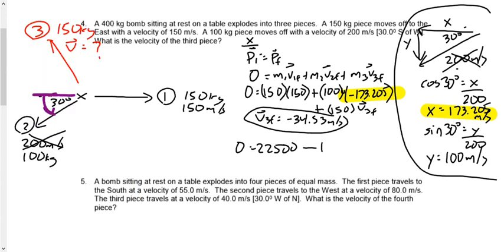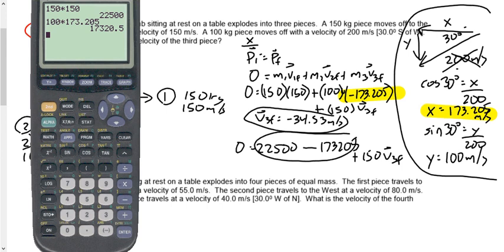Does that make sense? I could add a negative, and that's fine, or I could just make it subtract now. Plus 150 V3F. So now what I'm going to do is combine these by adding or subtracting. 22,500 subtract 173,205, so that's negative 5179.5.